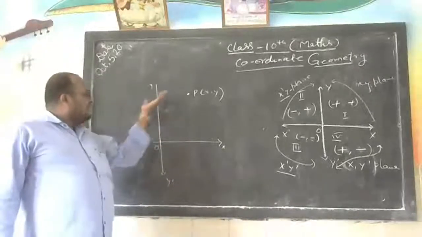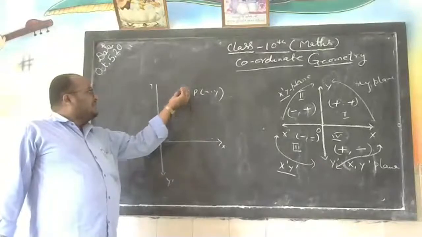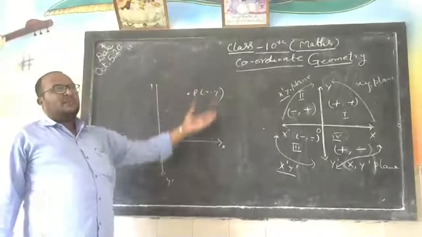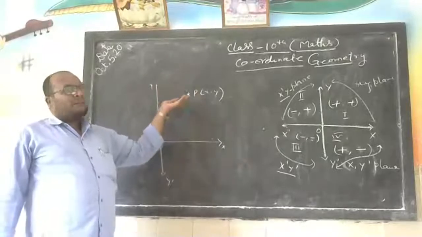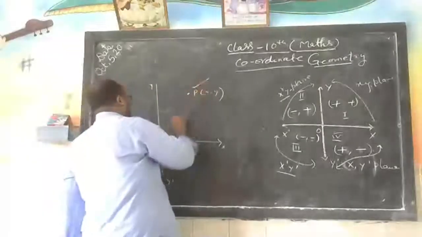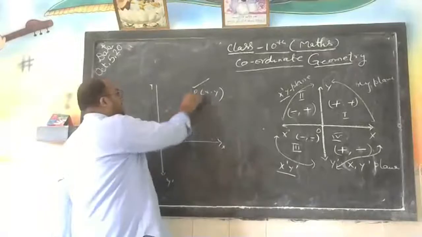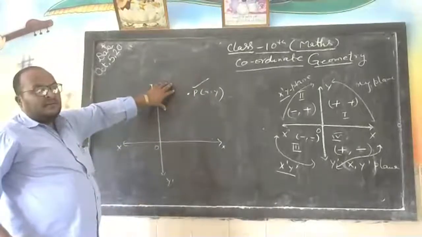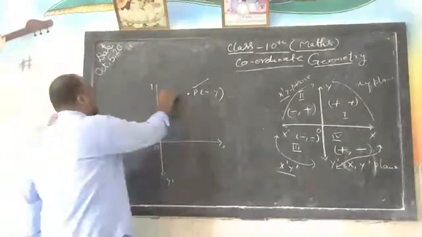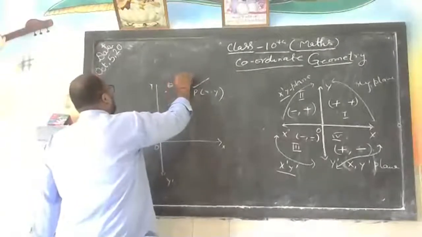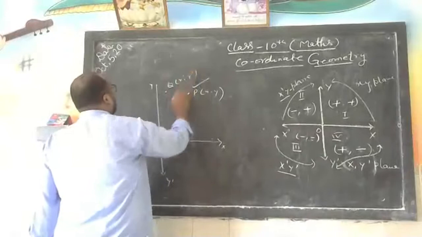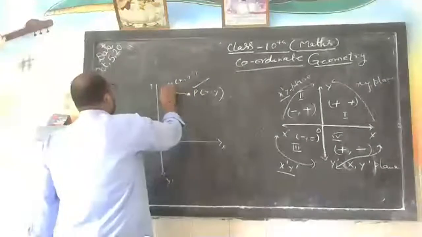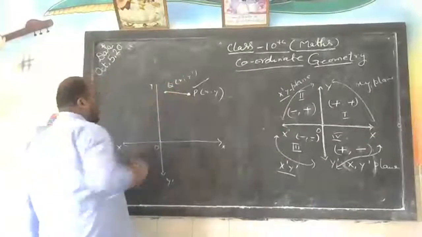If there is a point P in this xy plane, then what will be the distance of the point P from the center? Or if any other point is situated somewhere else, suppose it is Q, then what is the distance between P and Q?